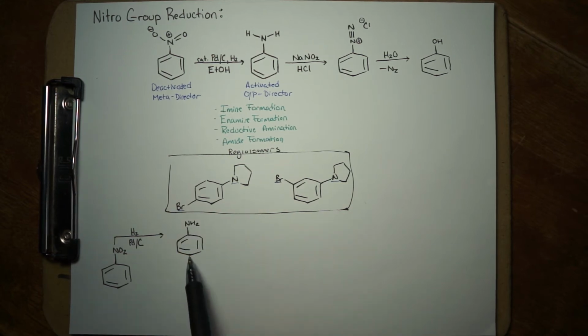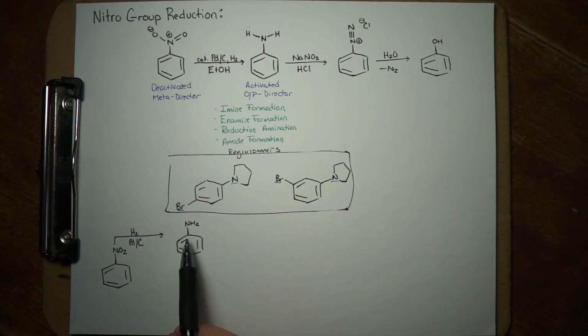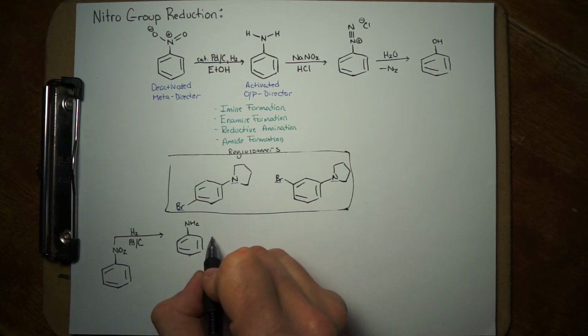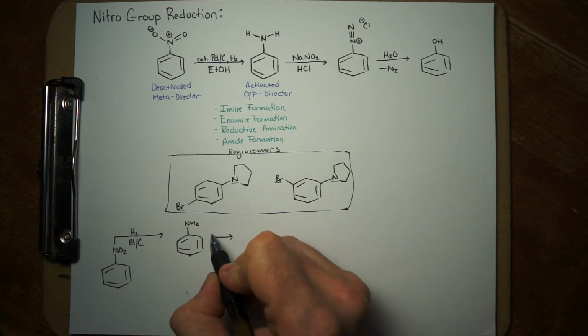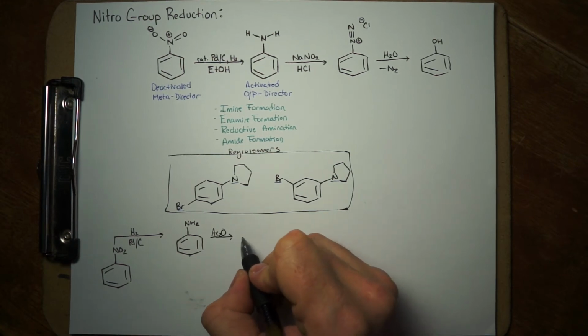And then in order to get a bromine in the para position, remember we can't just treat this with bromine, but we need to reduce the reactivity of that amine. If we would treat this aniline with bromine, we would get bromination in both the ortho positions and the para position. So we first have to acetylate the nitrogen, with acetic anhydride.